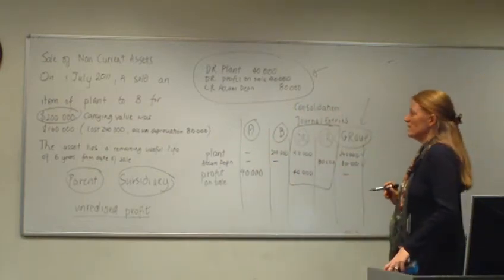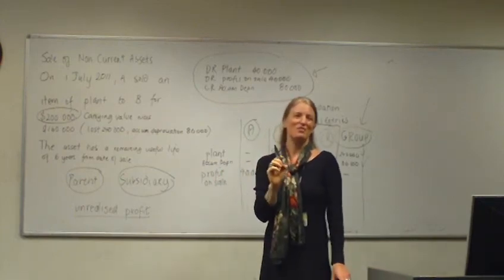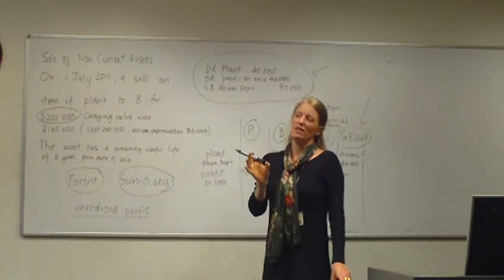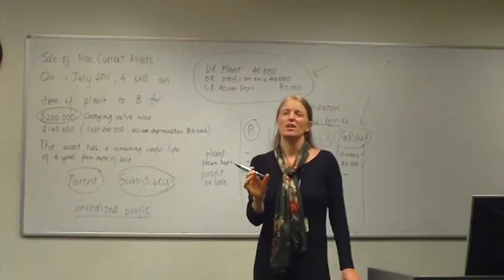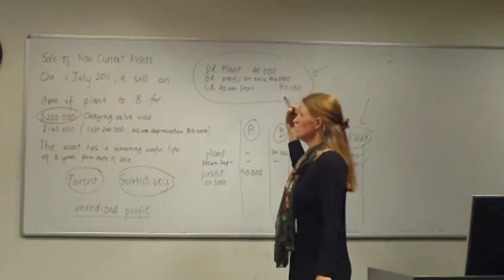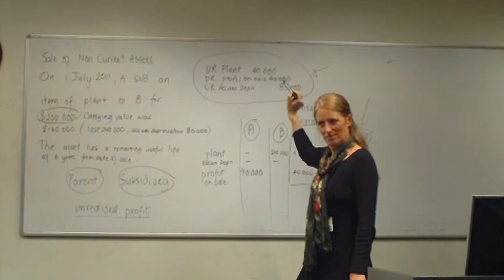It's not the same as when we're doing sale of inventory, where the wording of the journal entry is generally the same. For the sale of a non-current asset, it can be quite different.